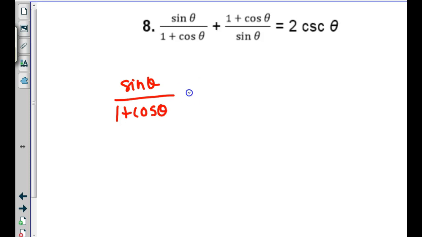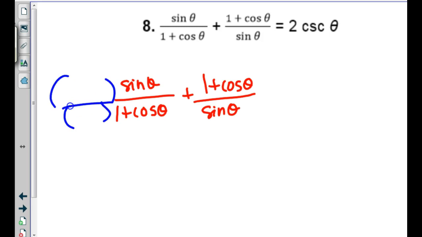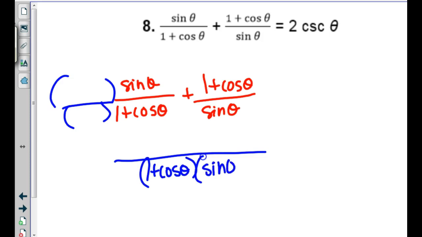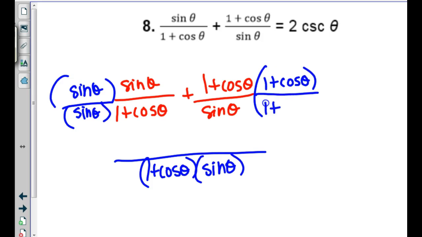What is the common denominator going to have in it? 1 plus cosine times sine. So this one needs to multiply by a sine over sine. And this one over here needs to multiply by a 1 plus cosine over a 1 plus cosine.